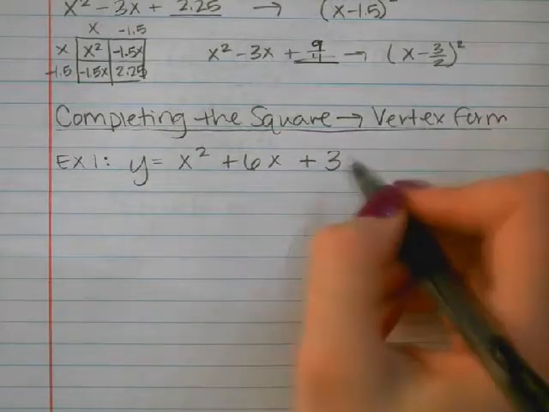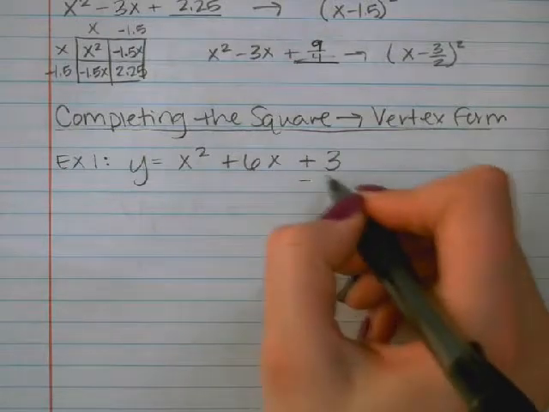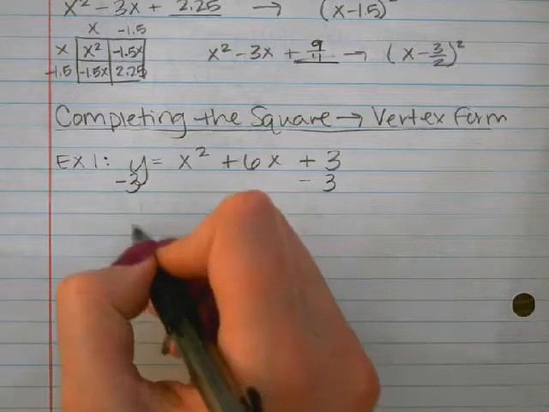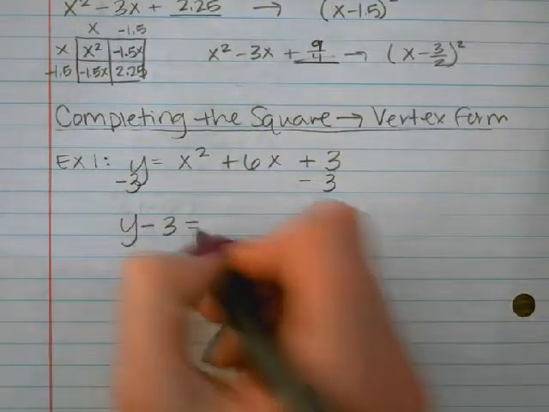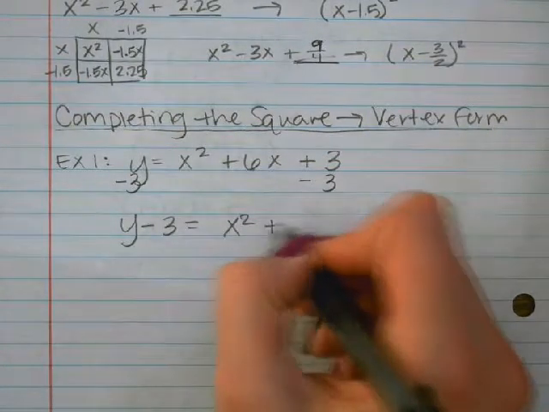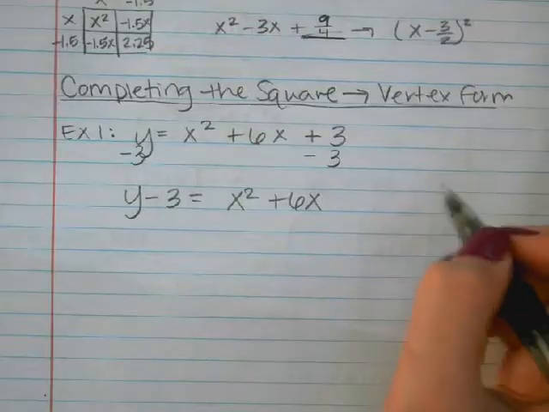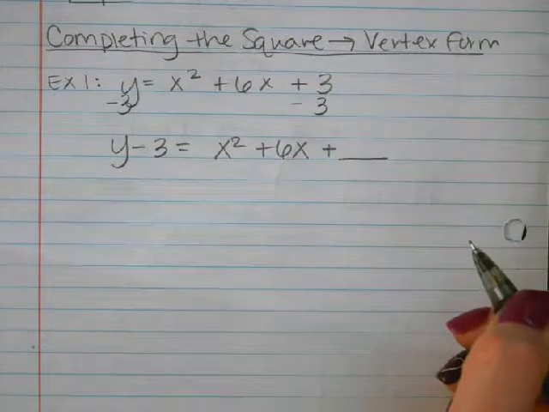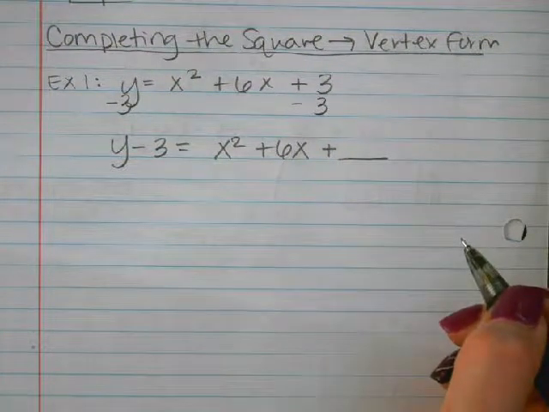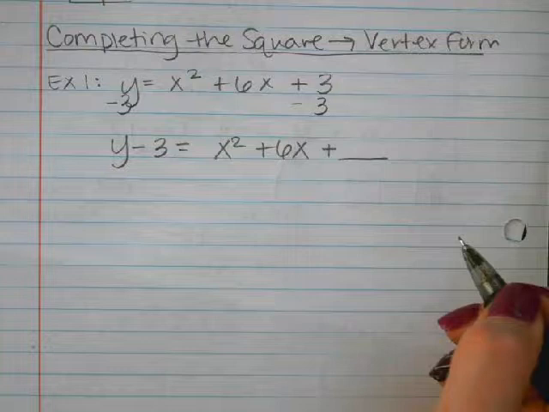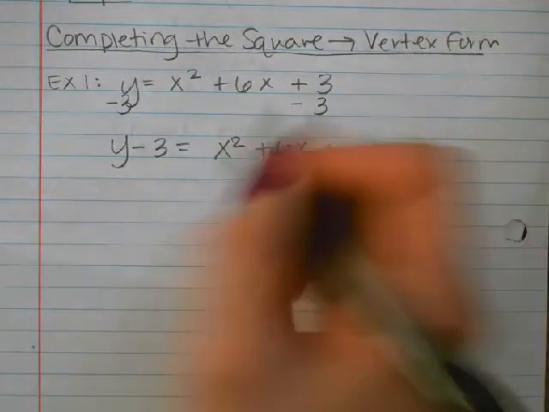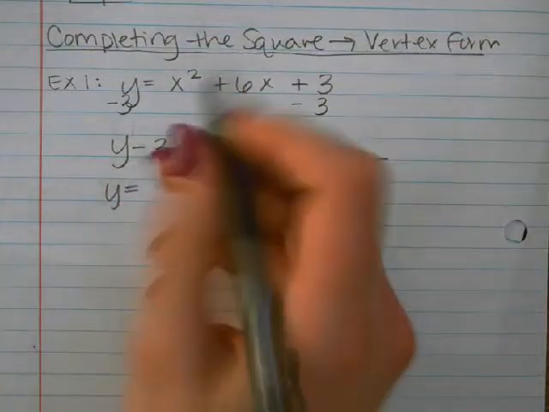So we're actually going to take the 3, we're going to move it over with the y, and we're just going to kind of ignore it for now. So I'm going to have y minus 3 equals x squared plus 6x, and this is where I'm ready to complete the square. I can go ahead and figure out my blank now. So I have y minus 3 equals my square.